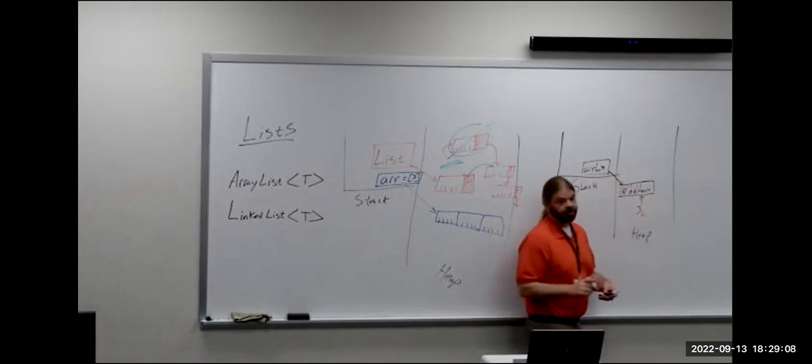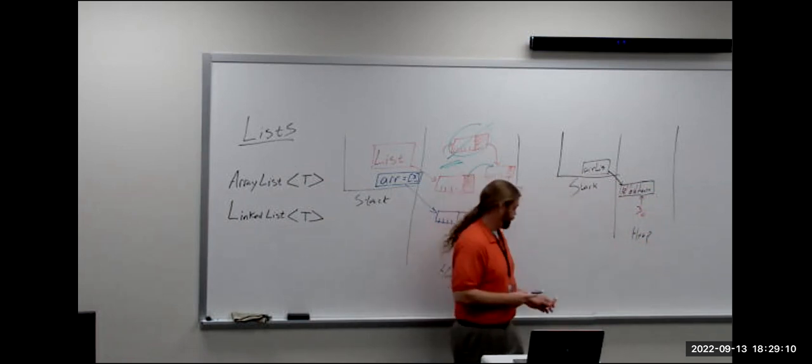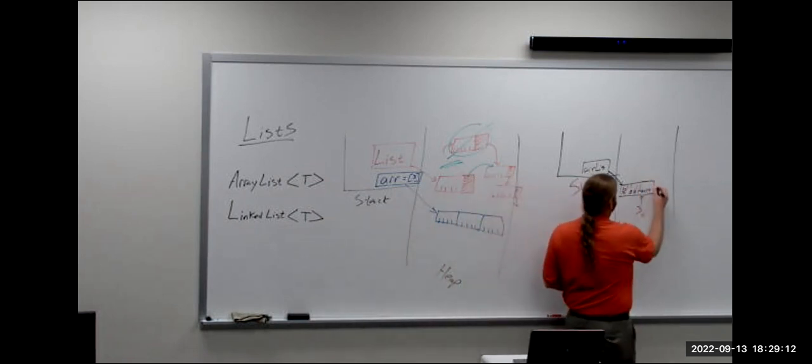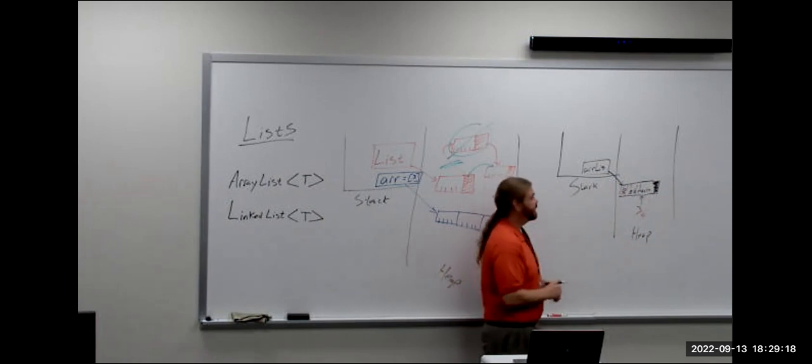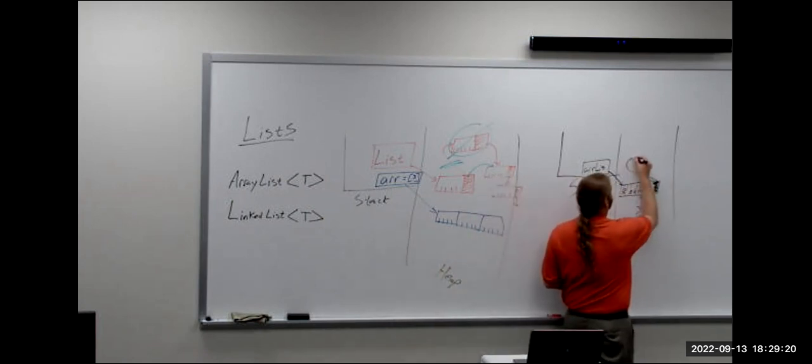And when that's 3/4 full, 75% full, it's going to do the little list pointer thing at the end of that array that holds 8 elements and point at another array that holds 16 elements.